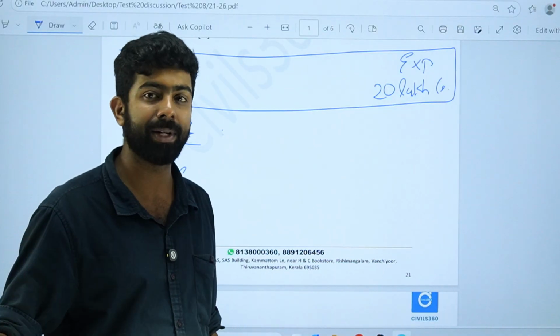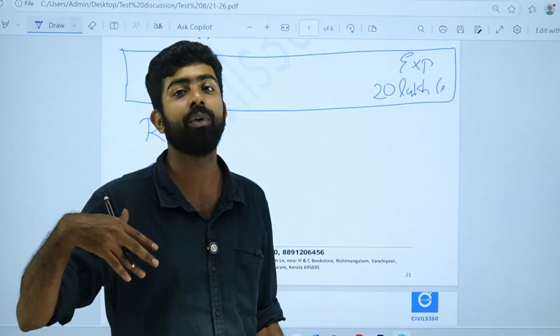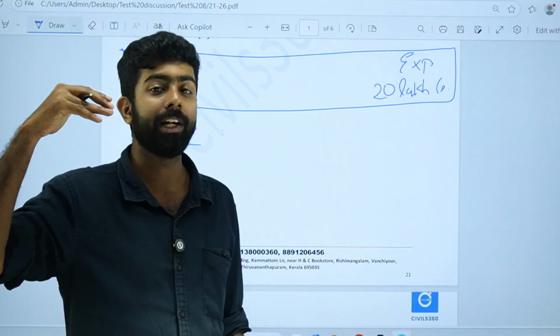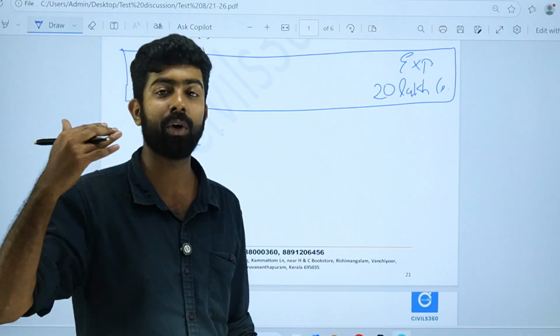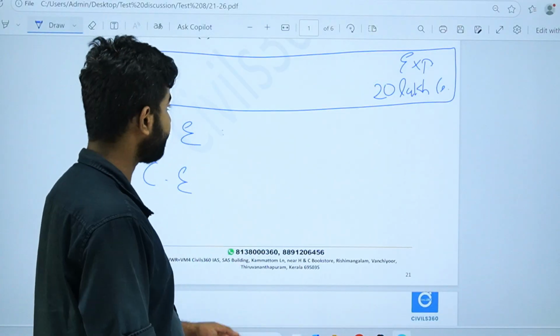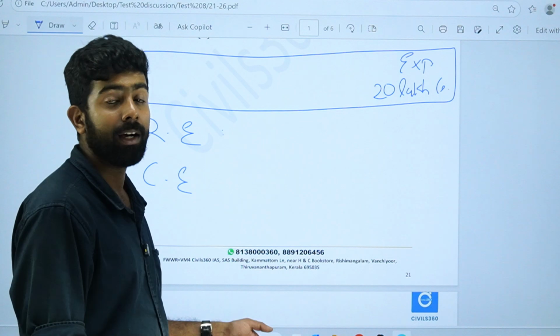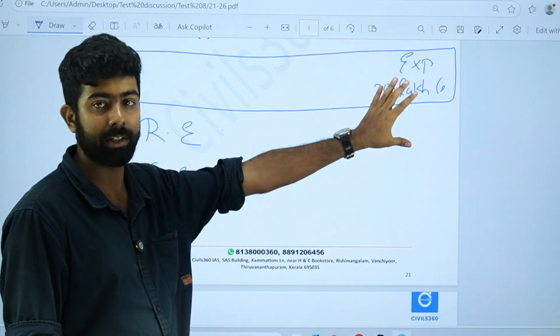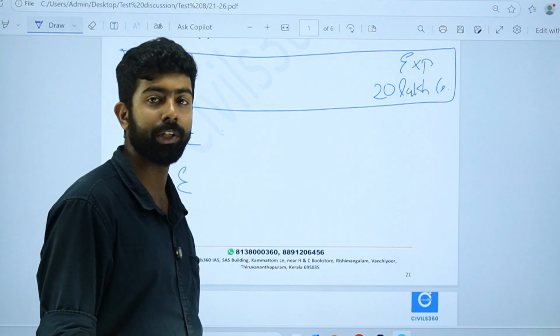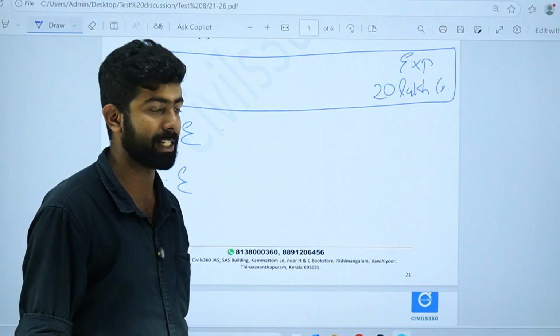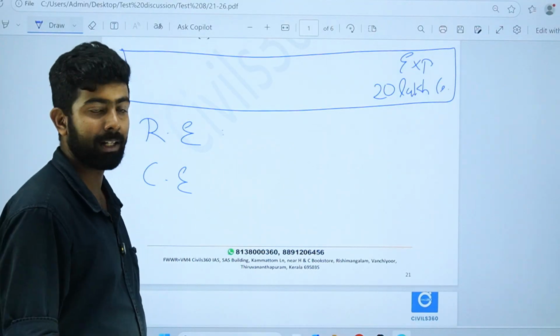These are committed expenditure, not easy to roll back. You need to keep on paying it, and it does not pay off itself, so it is not considered good. In fact, the FRBM Act mandates that the revenue deficit should be 0% by 22-23. That's a different discussion, but I hope this concept is clear.